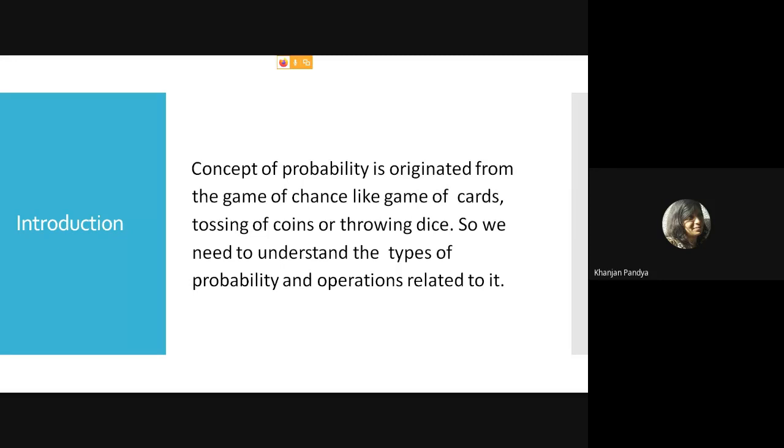I'm talking about fair games, not unfair games where you arrange cards in such a way that it helps you. And when tossing a coin, we don't know what the outcome will be, either head or tail.